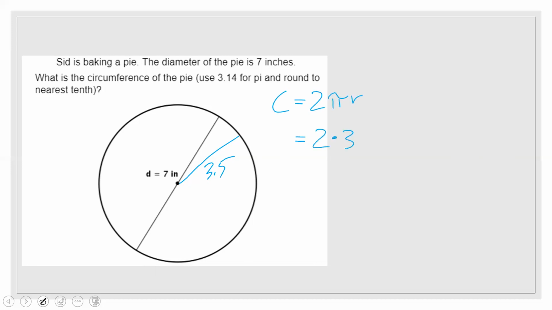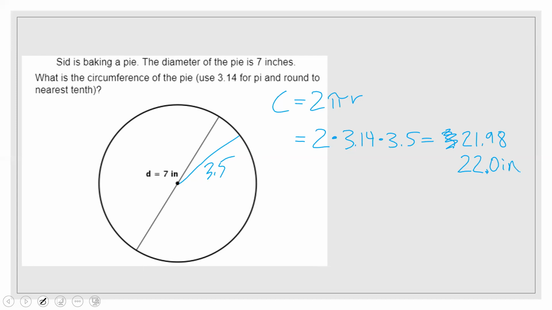So 2 times 3.14 times 3.5 gives us our circumference, which remember is the distance around the shape. Area is the space inside the shape. That gives us 21.98, and again, this says to round to the nearest tenth. Just like on the last problem, when we round up, that's going to give us 22.0, because the 8 will make the 9 round up. And this is going to be in inches.